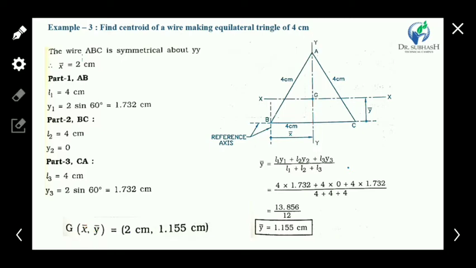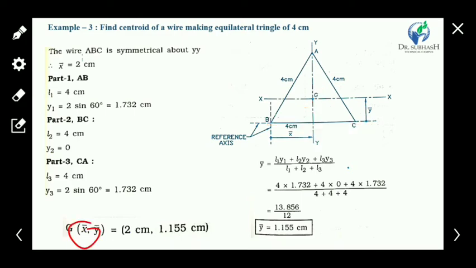Here x bar is half of this 4 centimeter, which is 2 centimeter, and the reference axis is B. So the CG of the triangle is placed here, and the horizontal distance is half of this BC line. Okay, so it's 2 centimeter.